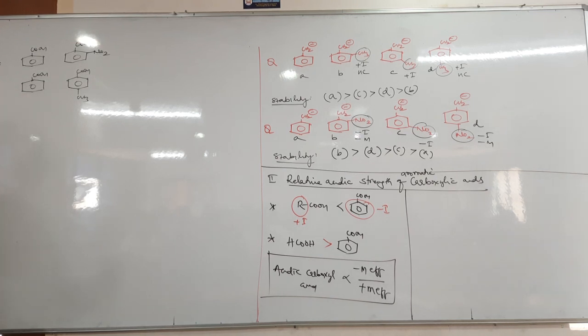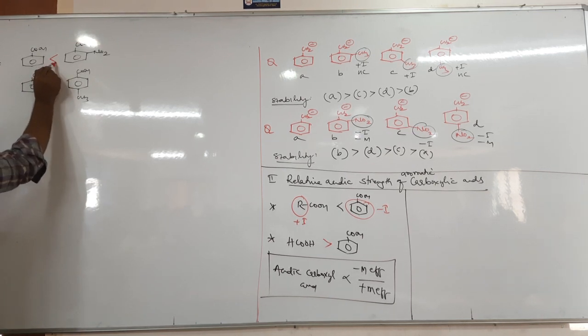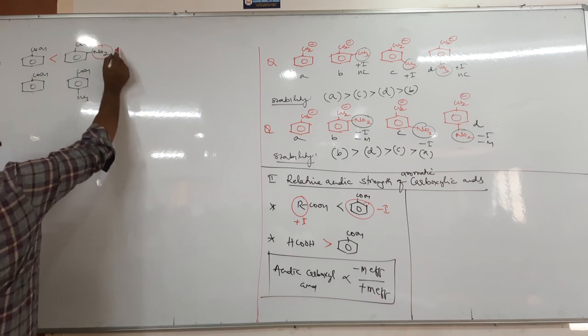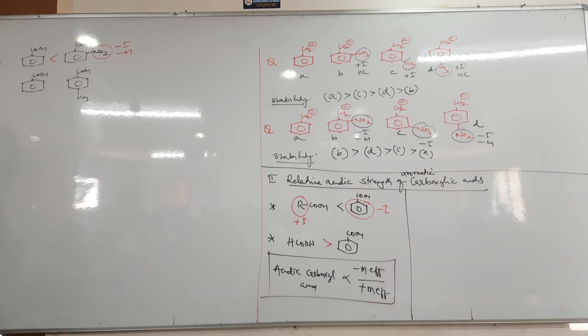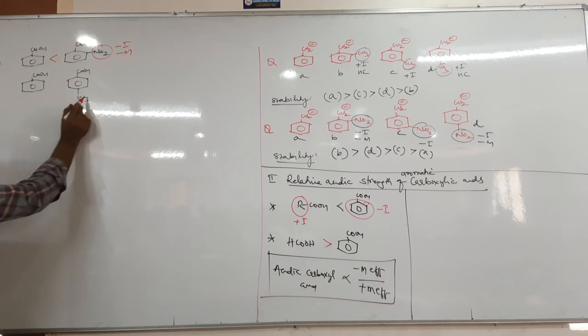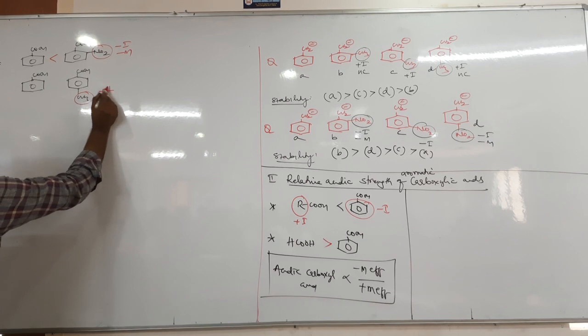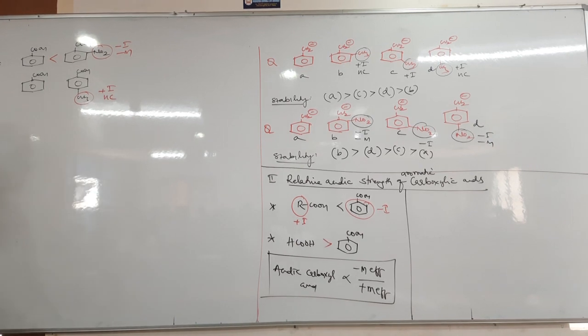First one, orthonitro. Why? This nitro group is minus I and minus M. You have to identify: if the group is present on the benzene ring, which group is it? That is very, very important. Next, here which group is it? Plus I and hyperconjugation, right? Now which is more acidic? Benzoic acid. Okay.